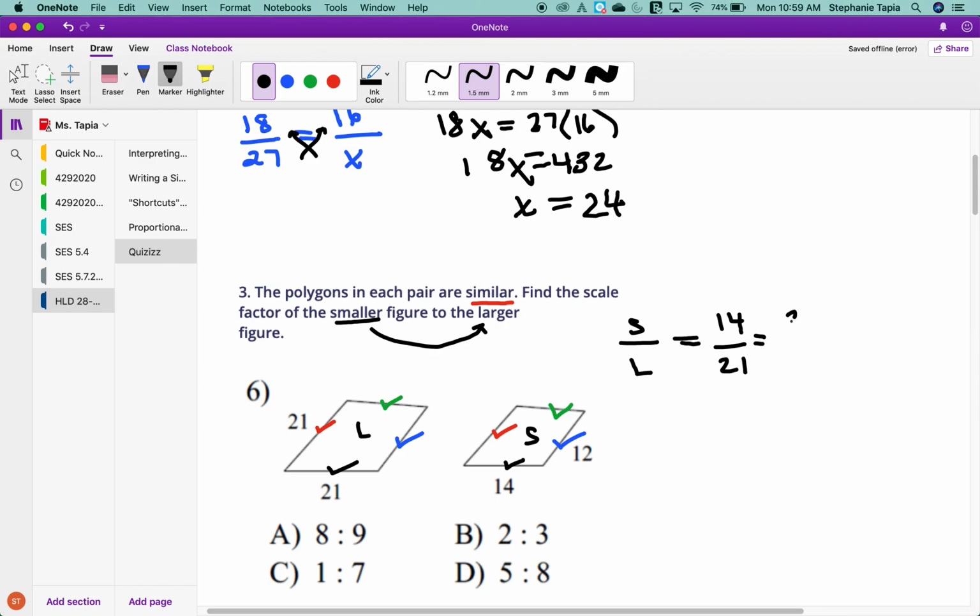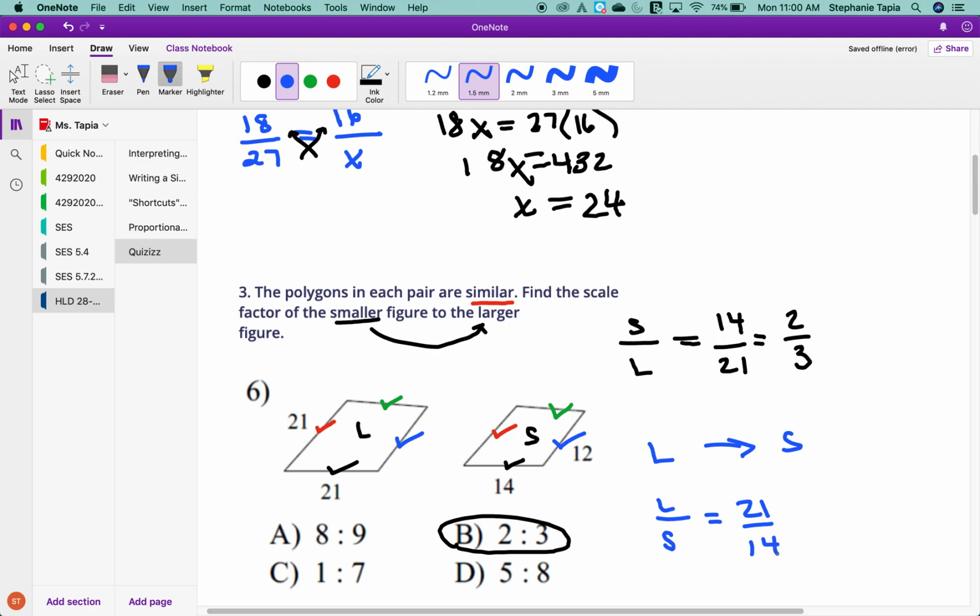And we're going to get 2 over 3. Now, if I was saying find the scale factor from the large figure to the small figure, then the large would go on the top and the small would go on the bottom. And then you would do 21 over 14, and then you would get 3 over 2. But that's that. But since they say smaller figure to the larger figure, small goes on top.